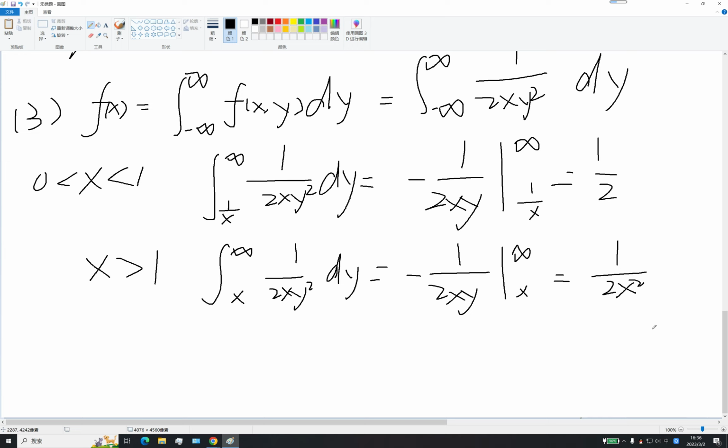So we can get the picture of f_X: for x between 0 and 1, this is 1 over 2. And for x larger than 1, it goes to 1 over 2x squared. So the line is like this. And this is x, this is f_X.